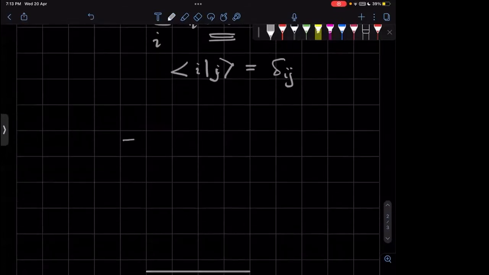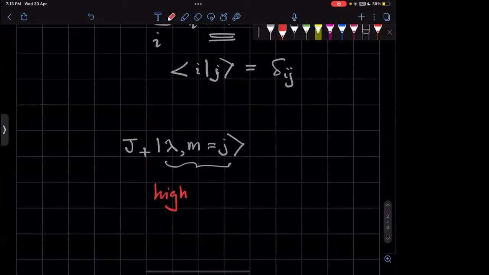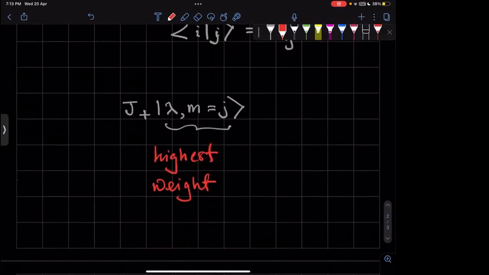This means that if I were to apply J plus on that highest weight state, so this is known as the highest weight state, what would I get?